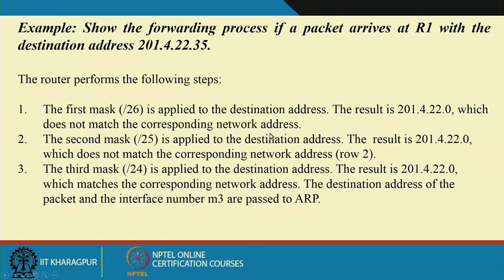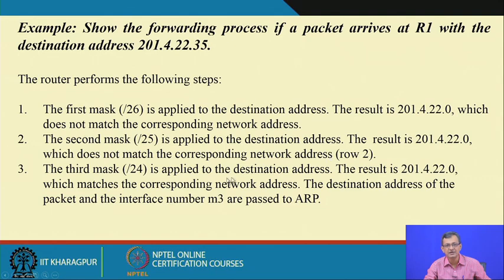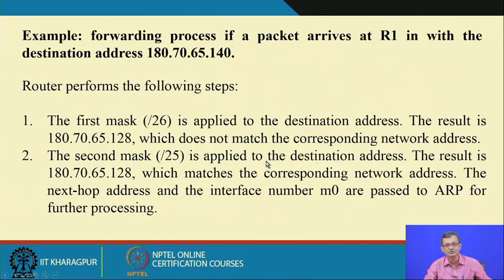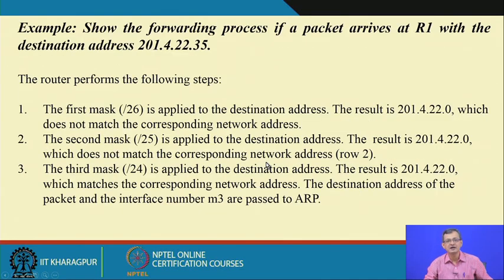21.4.22, which does not match with the corresponding entry. It then goes for the next /25 and does not match with the next entry. It does the third one, the /22, which matches with the corresponding entry, and then it goes to the destination, that is, the particular interface M3, and the address resolution will again be done.